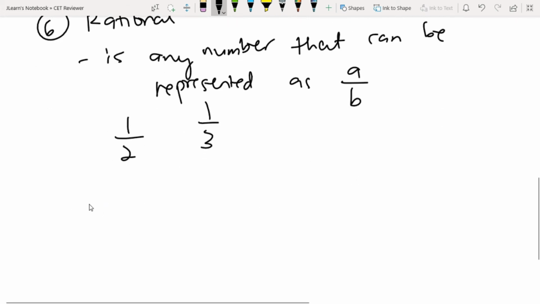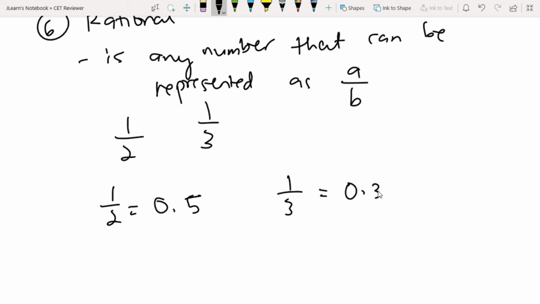Okay? So, as you know, 1/2 is equal to 0.5. And 1/3 ay equal sa 0.333 dot, no? So, we call 1/2 a terminating decimal.